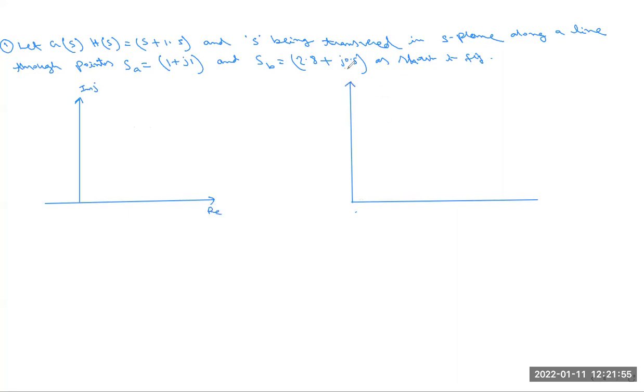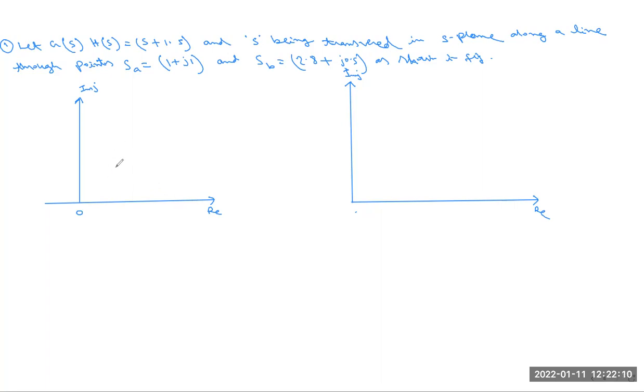This is also the same in the other plane: imaginary and real axis. This is 0 and so on, 1, 2, 3, 4.